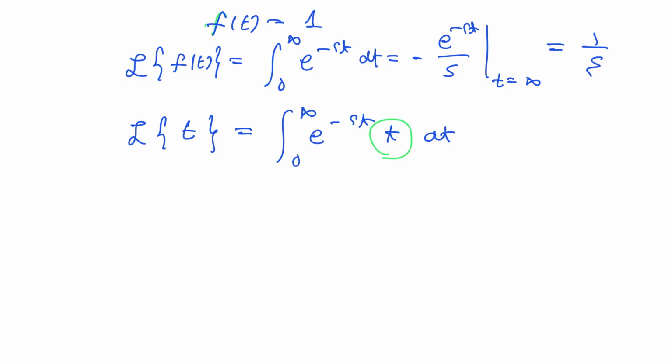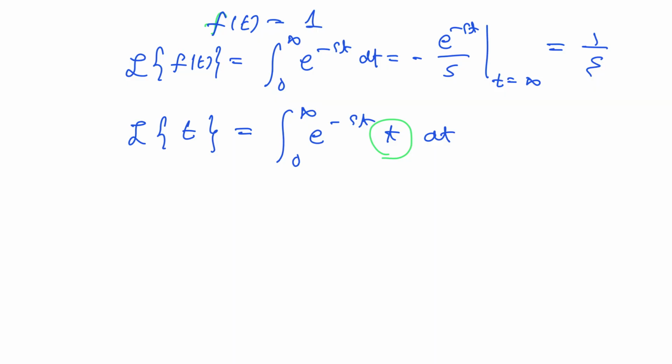I mean, of course you can integrate this using partial integration. What if we differentiate this by s? What do you get? If we differentiate exponential minus st by s, what do you get? Minus t times exponential minus st, right?